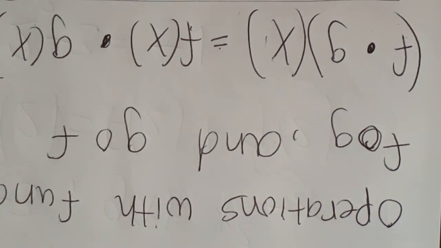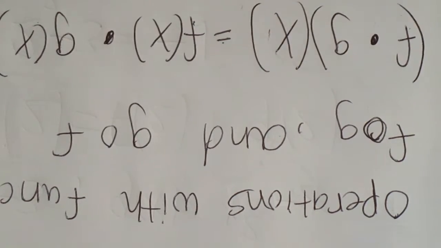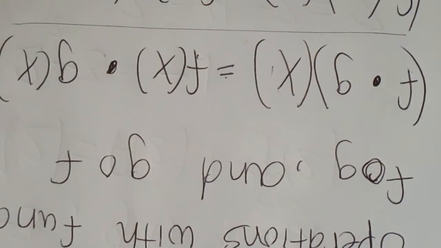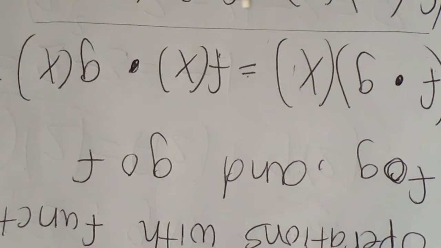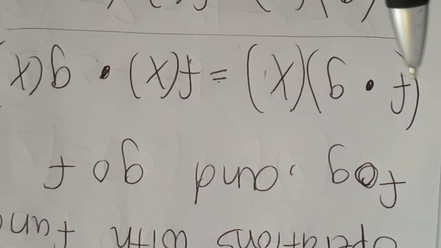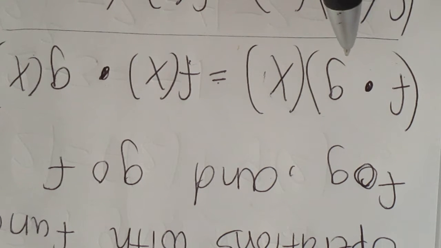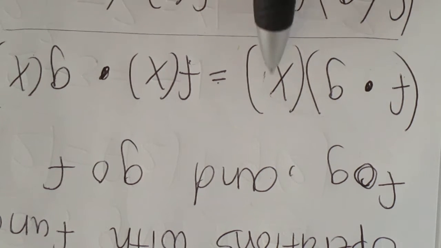Okay, today we're going to learn about operations with functions and f of g. Here are the four main operations of functions, which are pretty self-explanatory. You have your multiplication, division, addition, and subtraction. For the multiplication, you're just distributing the x.